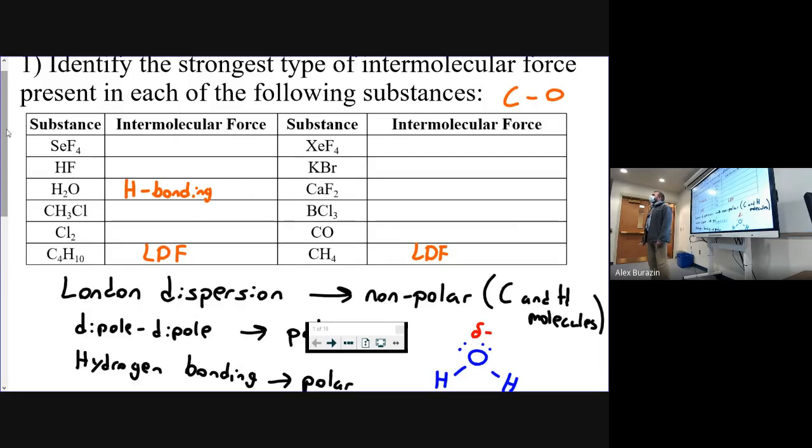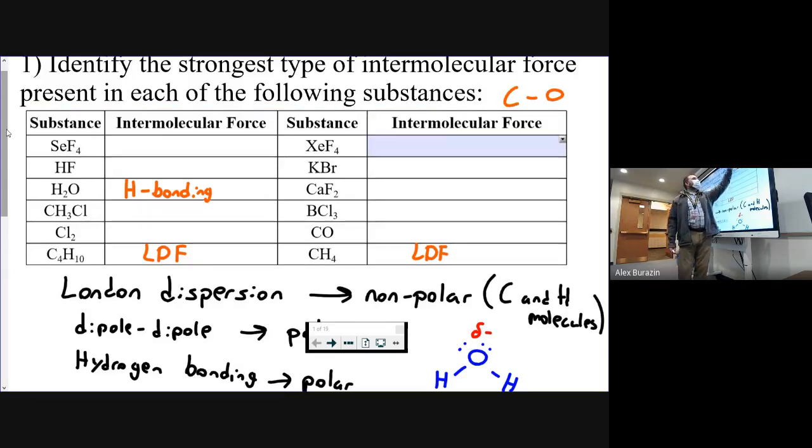Polar. Why? Oxygen is more electronegative, meaning these electrons are not equally shared. They're being pulled in that direction. So if this is polar, what kind of intermolecular force would this have? Dipole-dipole. Why is it not hydrogen bonding? There's literally no hydrogen, so that's kind of a dead giveaway. Good job, everybody.